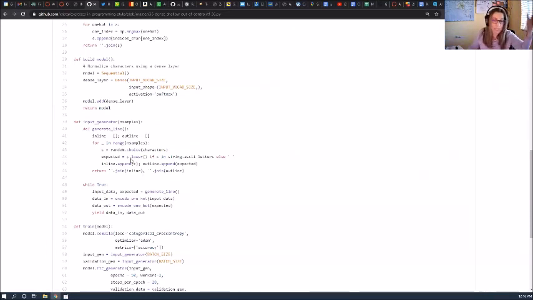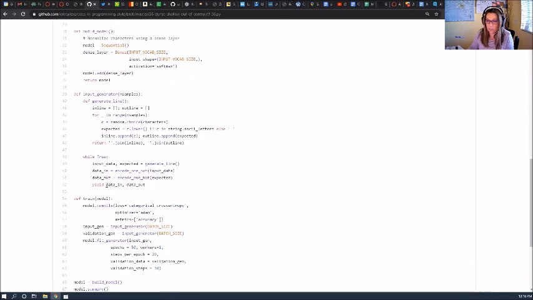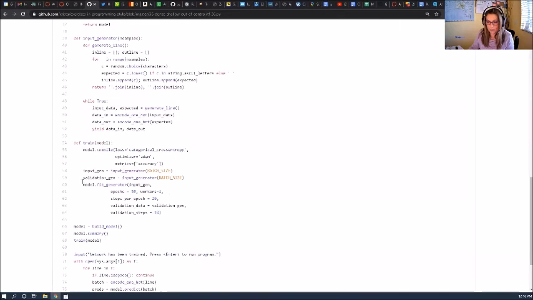Okay? If it generates a number 1, then the output should be a space. Okay, so I'm generating this input. It yields. Okay, it's a generator. It yields a set of inputs and the corresponding outputs, right? Input-output examples. And now I'm training the model. All right. And I'm training the model like this.